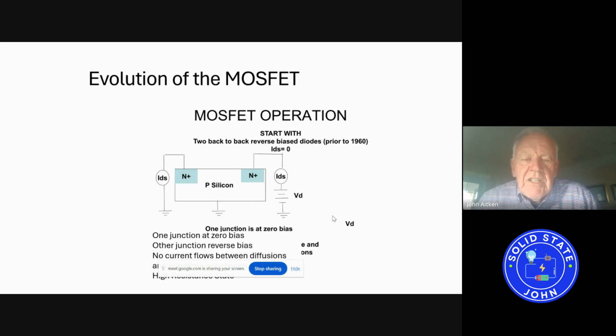And in this case, if you were trying to measure a current through a meter that I've labeled as IDS on this diagram, you would not see any. There would be no current flowing on the grounded terminal, and there would be no current flowing on the forward bias terminal. So in this particular implementation, there is no current flow.